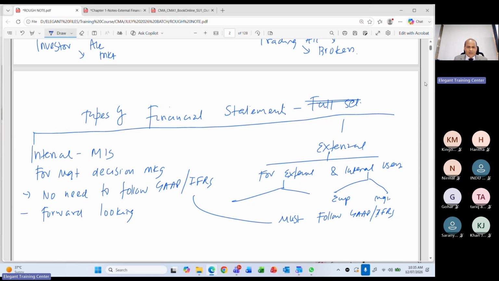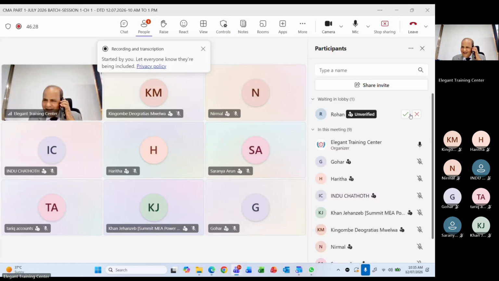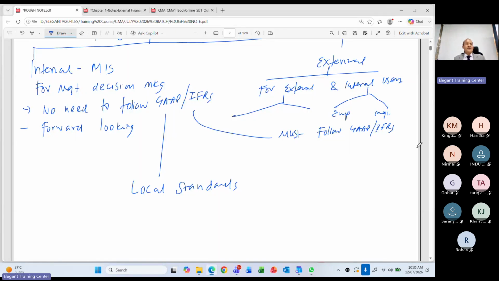What is GAAP? Let's understand. GAAP, we say local standards. Every country has its own GAAP. So every country has an accounting standard: Indian accounting standard, UAE accounting standard, Canadian accounting standard.